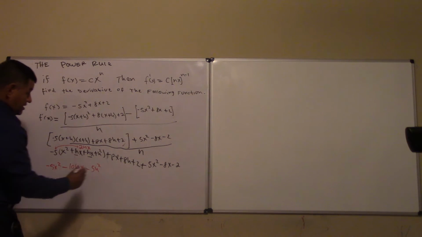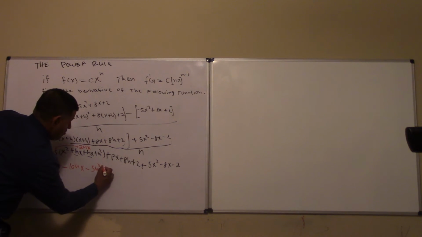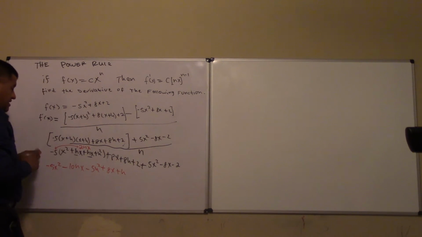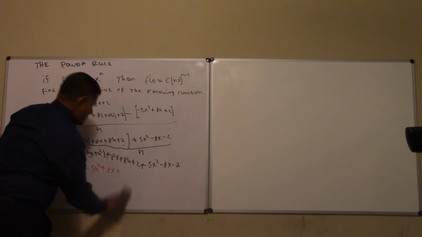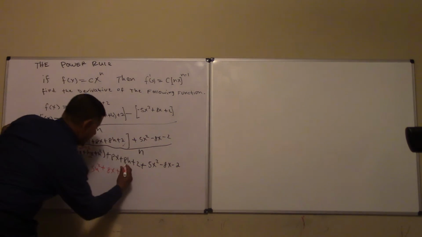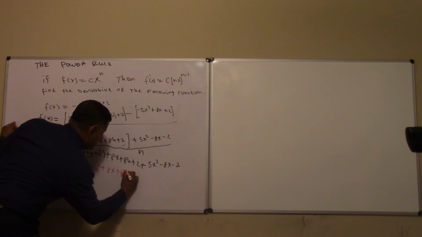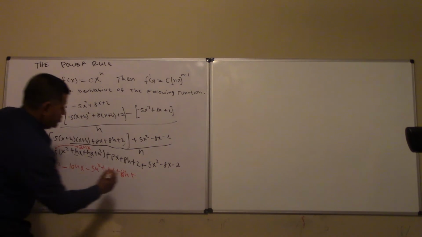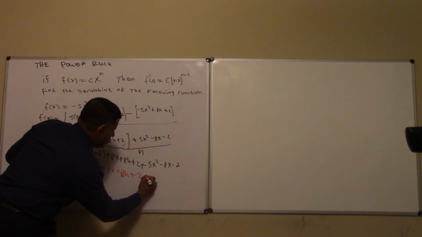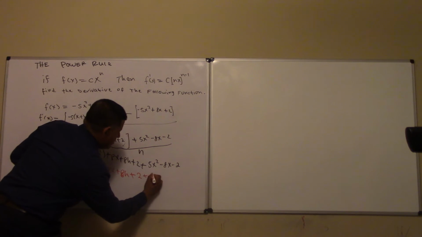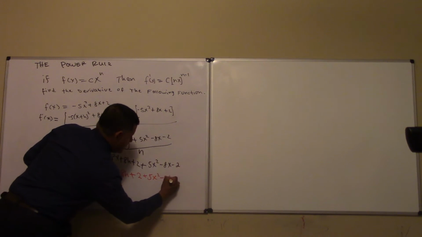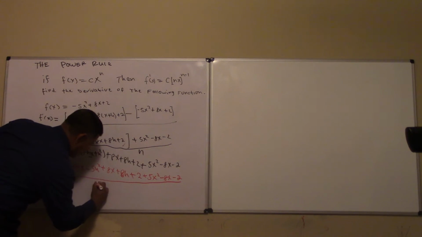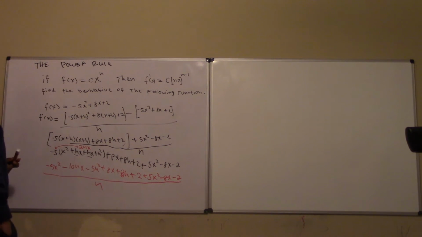Then I get plus 8x plus 8h plus 2, right? Plus 5x squared minus 8x minus 2. Everything under h, right? So basically, it's a big mess.